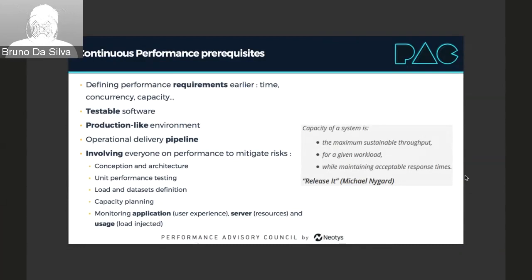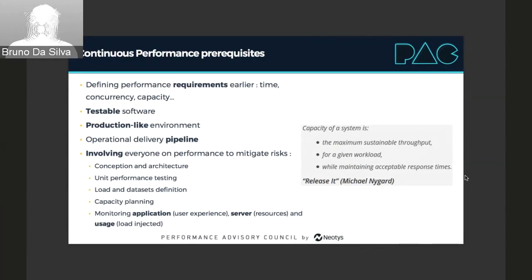And lastly, as I was saying before, it's about building performance together. I think it's really important to understand, because when it's about performance, everyone is impacted, not only the performance engineers. For example, it will be the architects on how the application is designed.